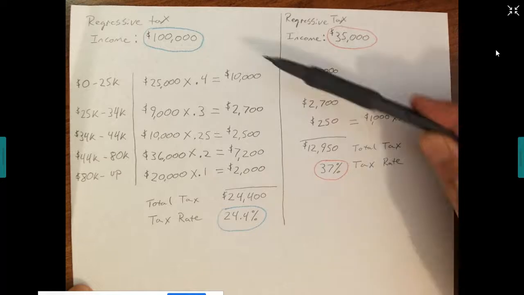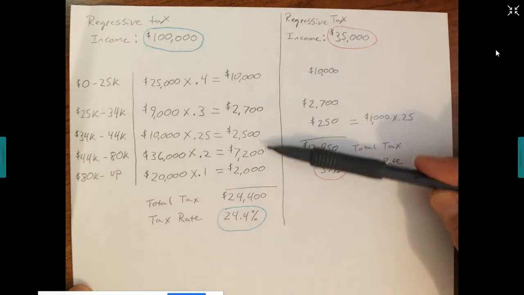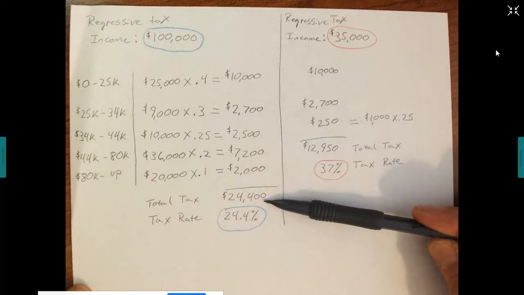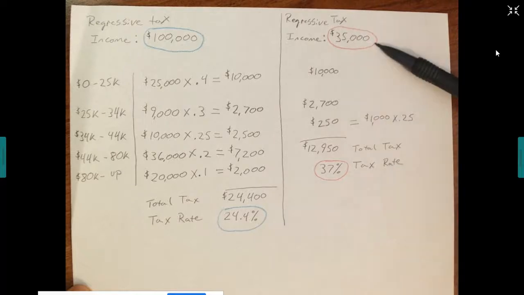So your same $100,000 income now is going to pay a total of $24,400 in taxes. This is going to get you a rate of 24.4%.